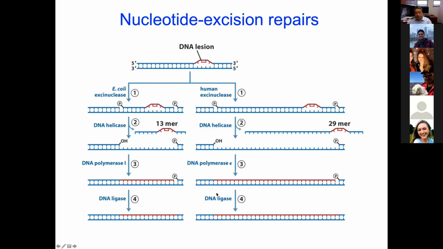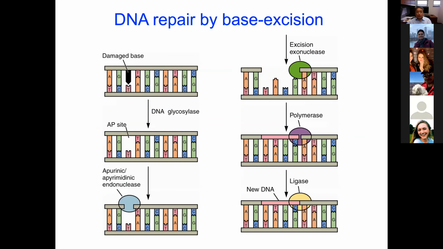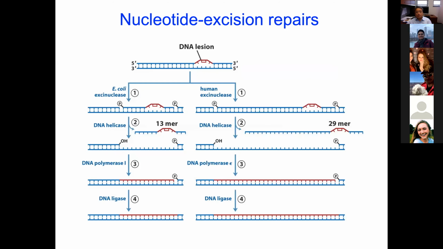And eventually DNA ligase will come in and connect the fragments of DNA together. So this is pretty similar to what we showed you here, but it is a slightly different kind of mechanism. You see it cuts upstream and downstream, and then removes that segment. And then the DNA polymerase will come in and put in a new strand of DNA.